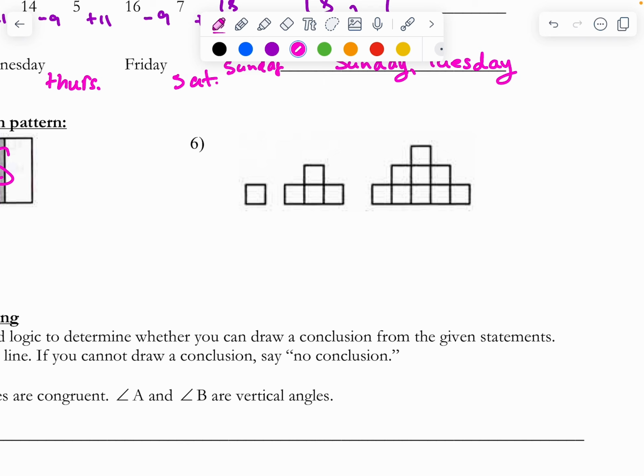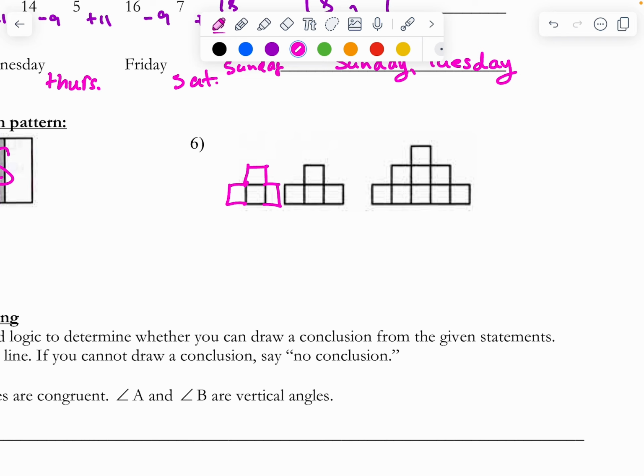If you guys want to try it on your own, go ahead and pause the video. But I'm going to go ahead and show you what the pattern is here. Notice that they're adding one more square around that original, on every side of that original square. So they're adding one to the left, one above, and one to the right.